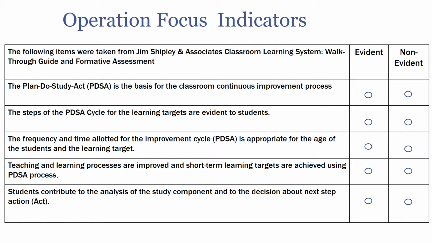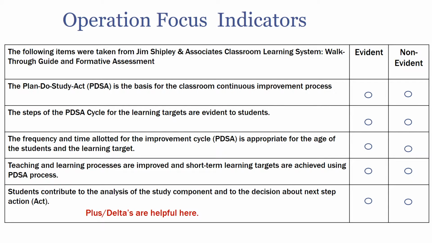These indicators should also be evident during an observation and by talking with the teachers and the students. If you do not see evidence of the PDSA cycle being used on a daily basis, then most, if not all, of these indicators would be marked non-evident.